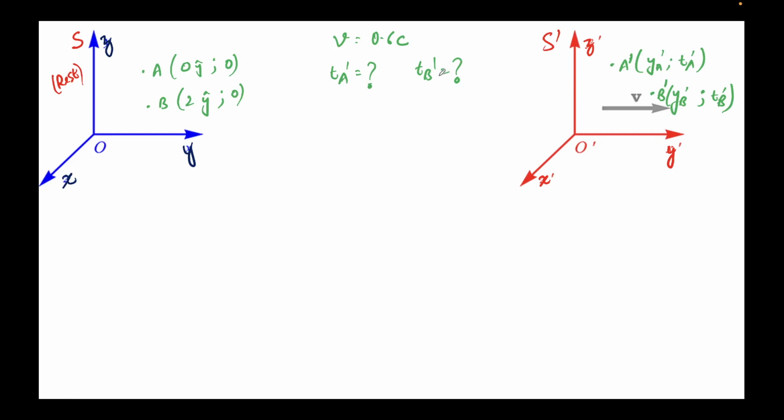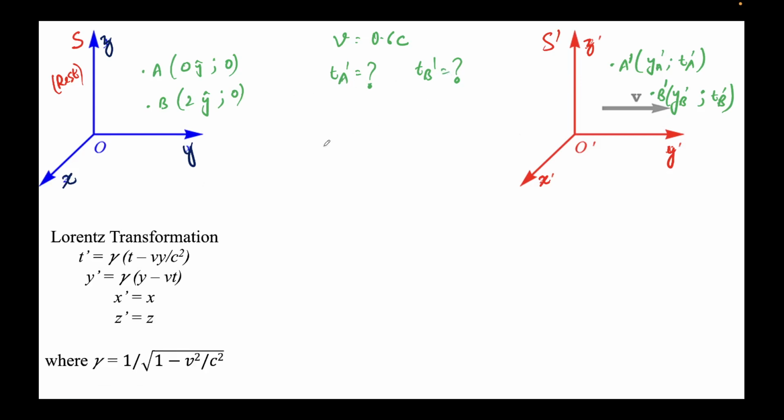It's a fairly straightforward problem, because we have already established the frames are inertial, so we can simply use the Lorentz transformation. First I'll obtain tA prime. tA prime would be gamma times (tA minus v yA over c squared).